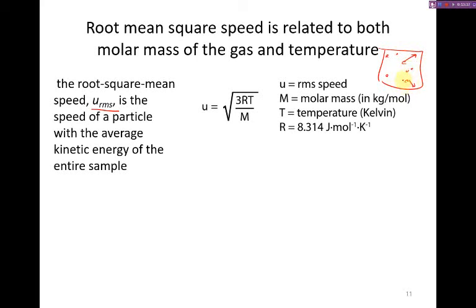If you take the average kinetic energy and you relate that to the speed, that's the RMS speed. The root mean square speed is the speed which a particle has if it has the average kinetic energy.